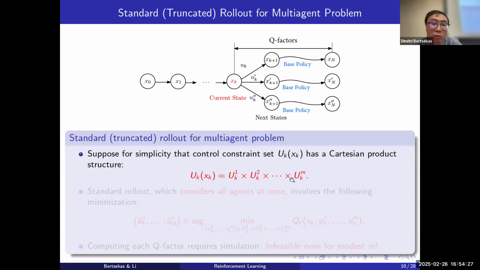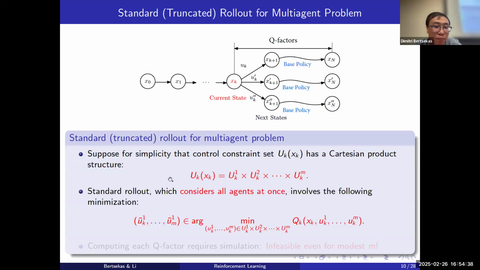That's entirely possible. So with that being said, let's consider this simple case where it admits this Cartesian product structure.